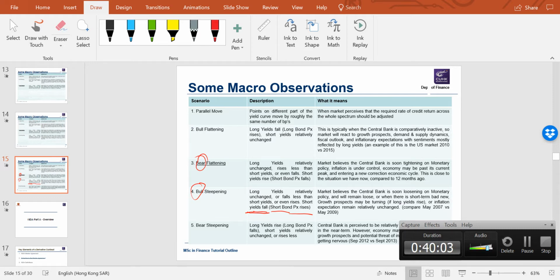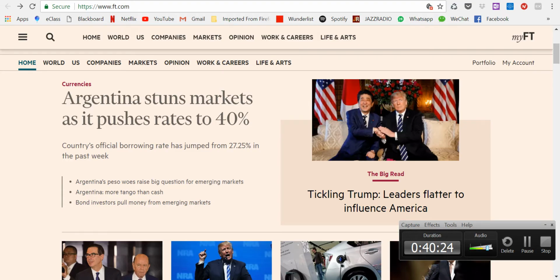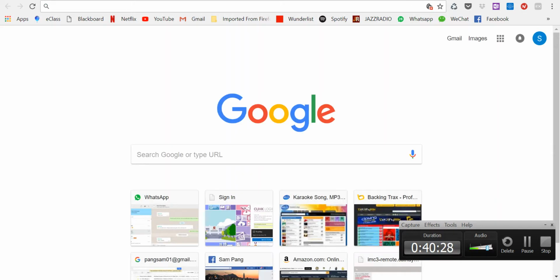No, I'm just going to have this page in front of me. And then I'm going to try and go to the U.S. Treasury website.